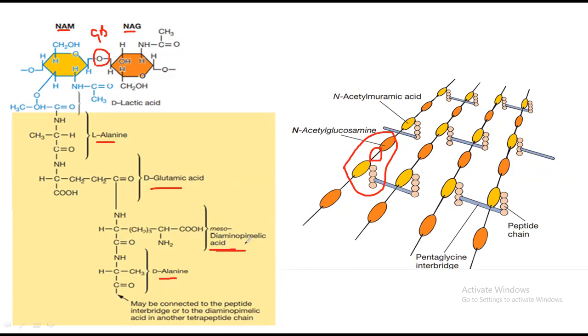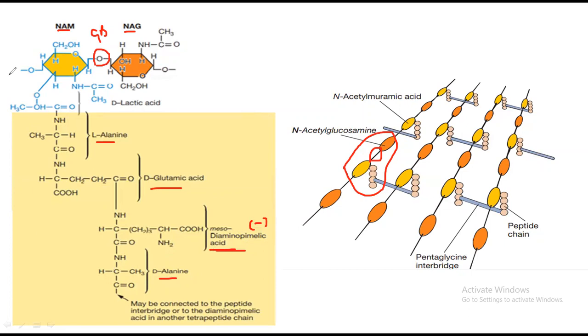It can come in the MCQs, and then you should mark the correct option. In gram-negative bacteria, diaminopimelic acid is present, and in gram-positive bacteria, L-lysine is present in place of diaminopimelic acid.